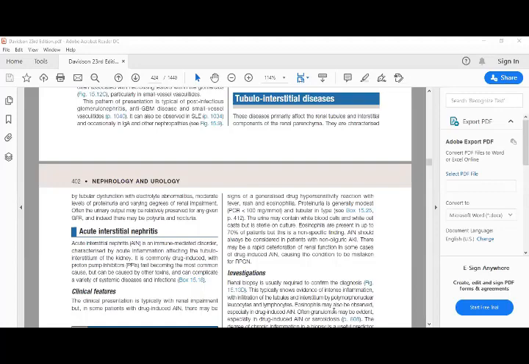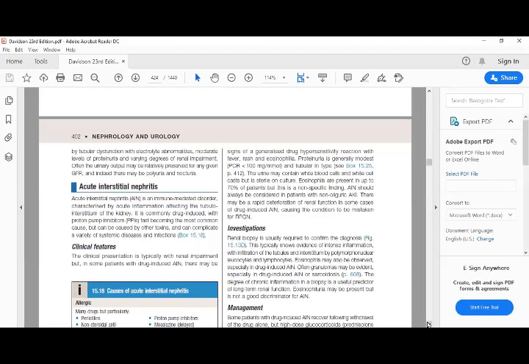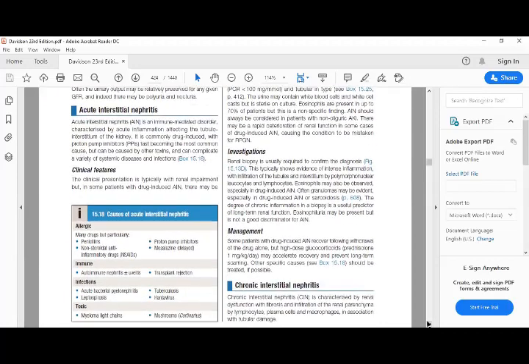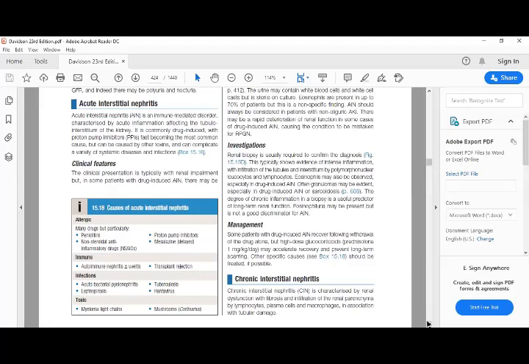This is the tabulated form of the causes of acute interstitial nephritis. Causes are allergic, many drugs, but particularly penicillins, non-steroidal anti-inflammatory drugs, proton pump inhibitors, and mesalazine. Immune mechanisms are involved in autoimmune nephritis, uveitis, and transplant rejection.